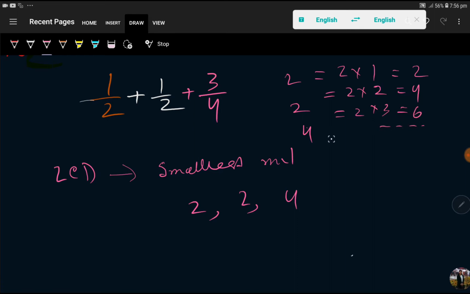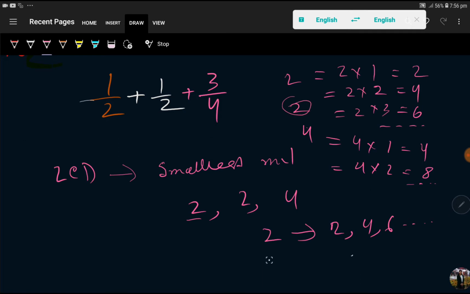And the multiples of 4: 4 times 1, you have to start with 1, that is 4, then 4 times 2 is 8, right? And this will continue. So for the first two we are getting 2, 4, 6, and this will continue, and the multiples of 2 will be similar, that is 2, 4, 6, and continue. The multiples of 4 are 4, 8.